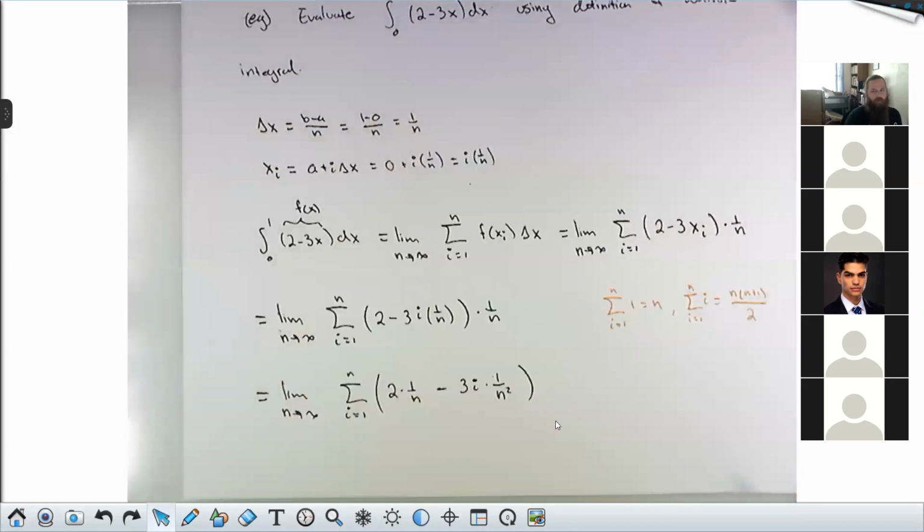Yeah, this is the idea. So I have these two summation formulas that are going to be relevant here. In order to apply this one or this one, I need to have a sum of 1, or a sum of a constant, and a sum of i. And here I have an i and here I have a constant. So the game is going to be to split it up.